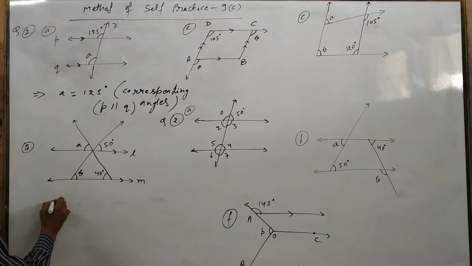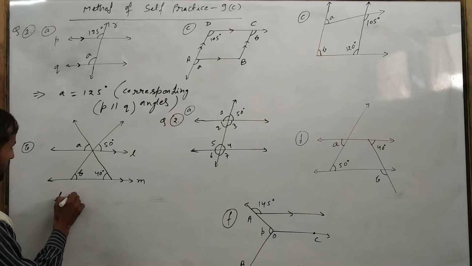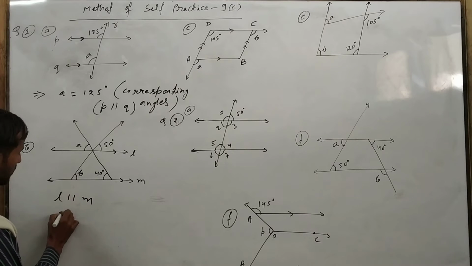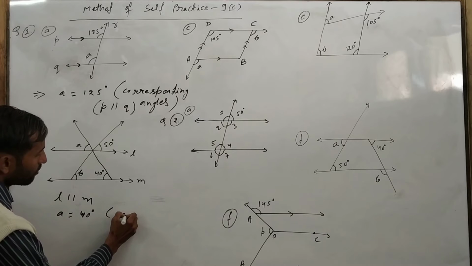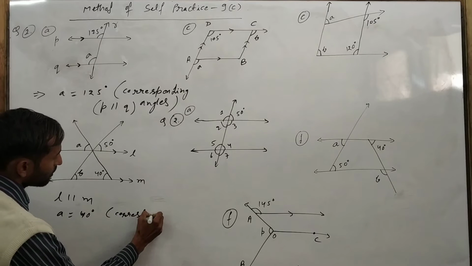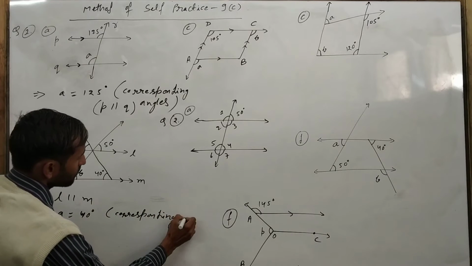So we will write L is parallel to M. A is equal to 40 degrees because of corresponding angles.